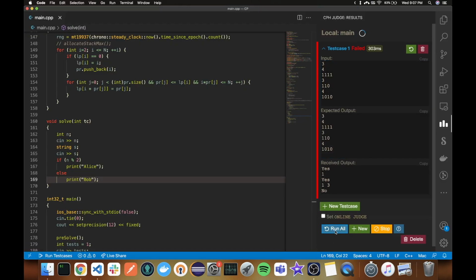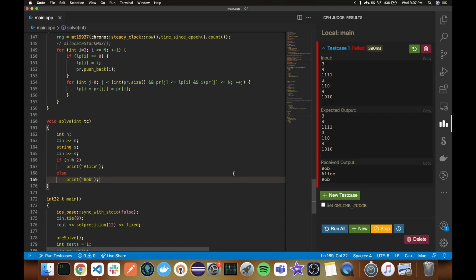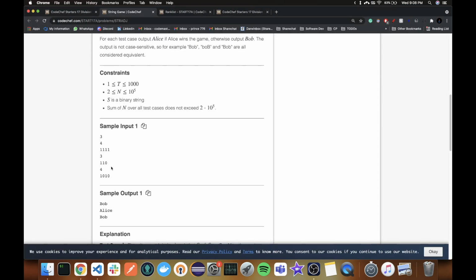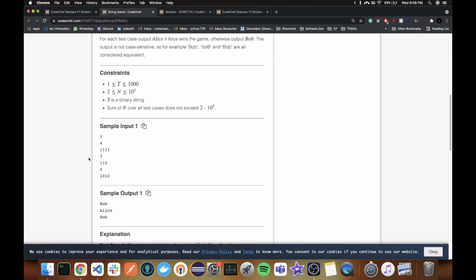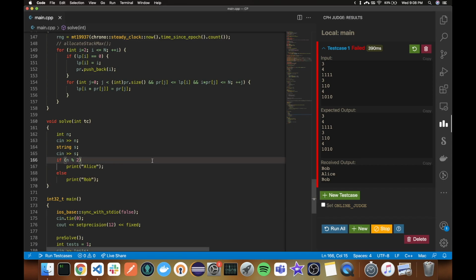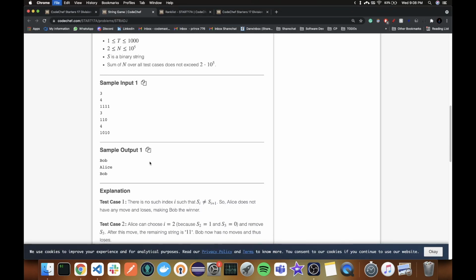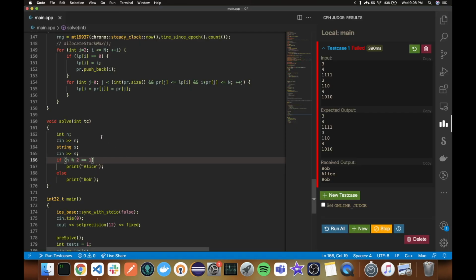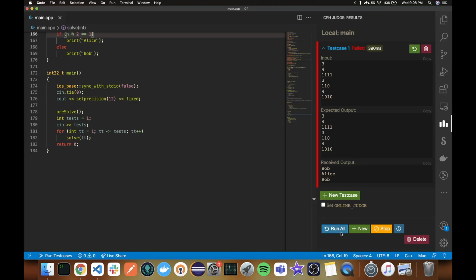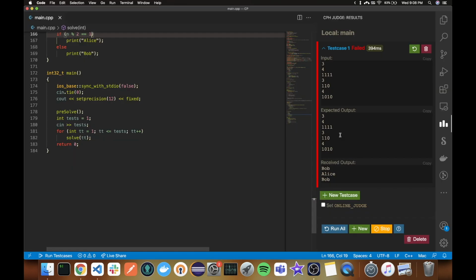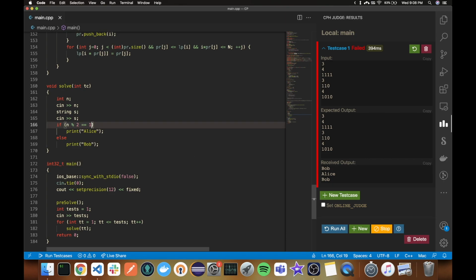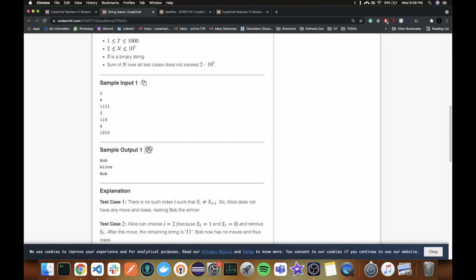I mean, this would work. It passed samples. Did I say the opposite? Wait, have I not done the correct thing? Wait, I had not pasted the correct thing. I was like, why am I getting that?